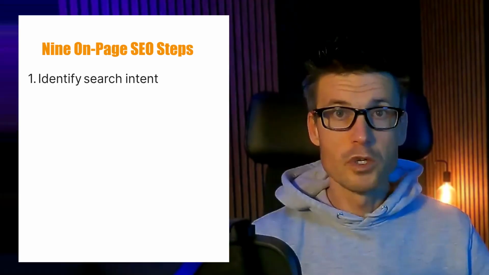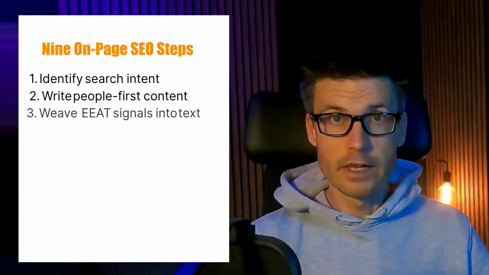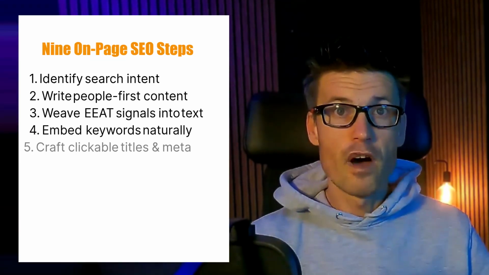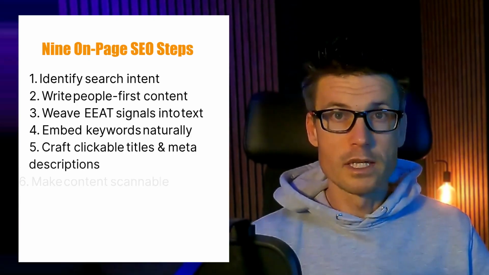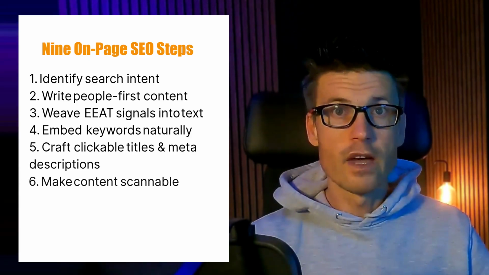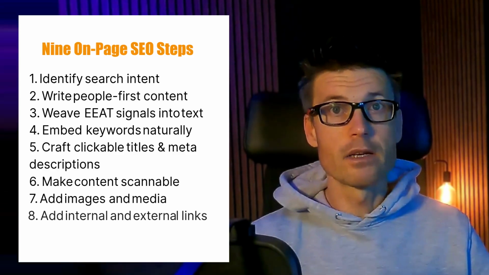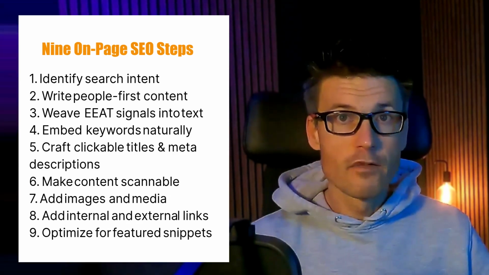So the 9 on-page SEO steps necessary for your work to rank in organic search results are: first, identifying search intent; 2, writing people-first content; 3, weaving EEAT signals into the text; 4, embedding keywords and semantic terms naturally; 5, crafting clickable titles and meta descriptions; 6, making your content scannable and skimmable; 7, adding images and media to increase reader engagement; 8, adding internal and external links to build context and add depth; and 9, optimizing for featured snippets.